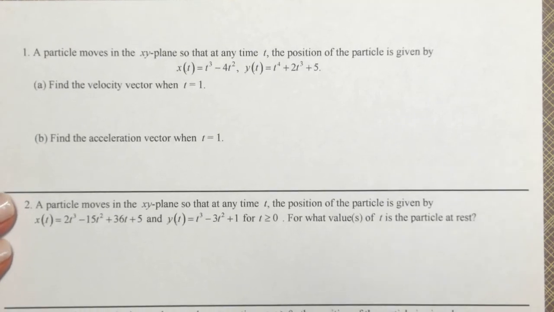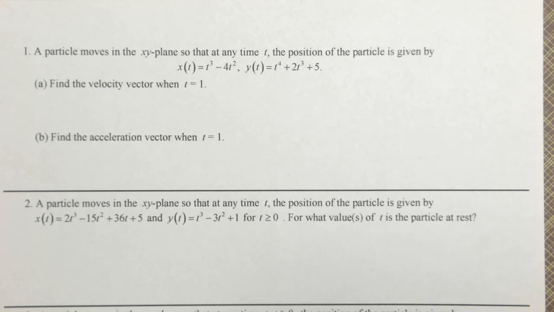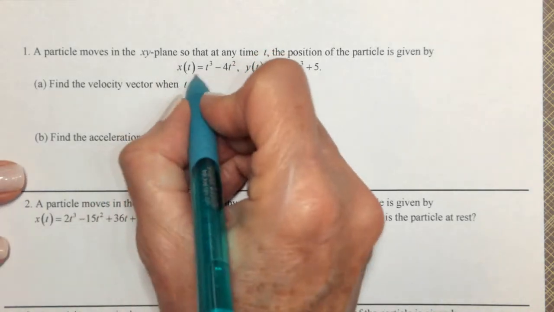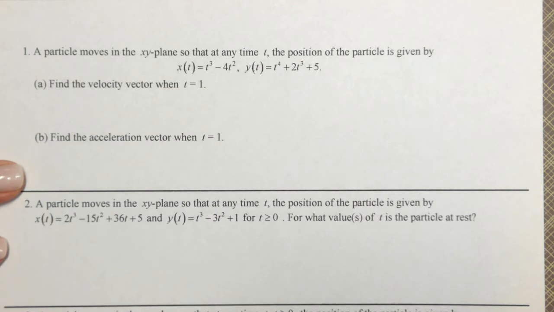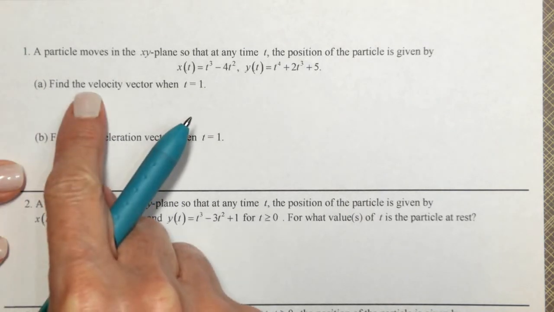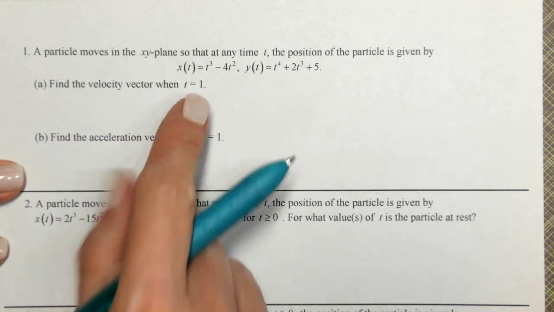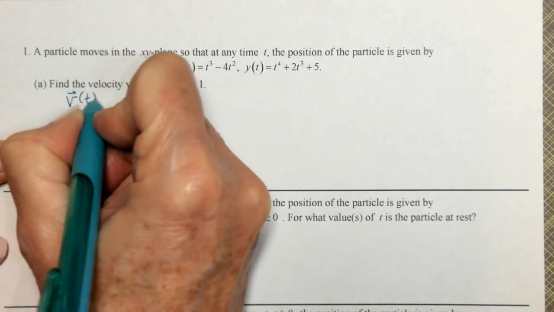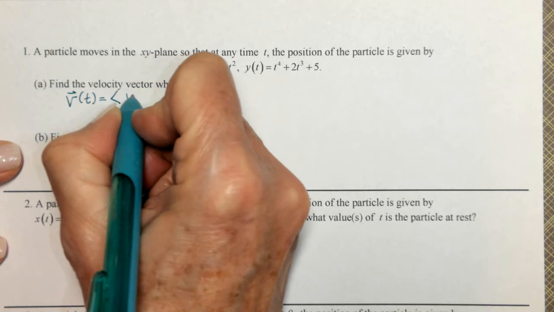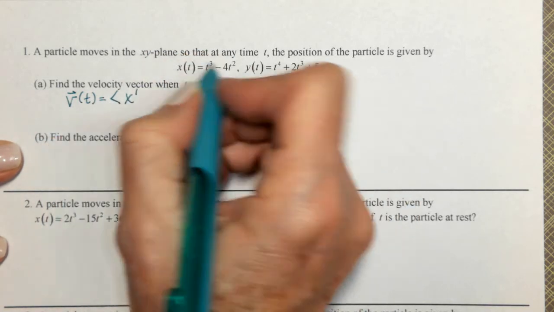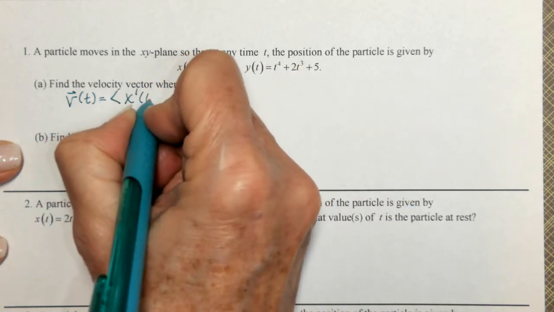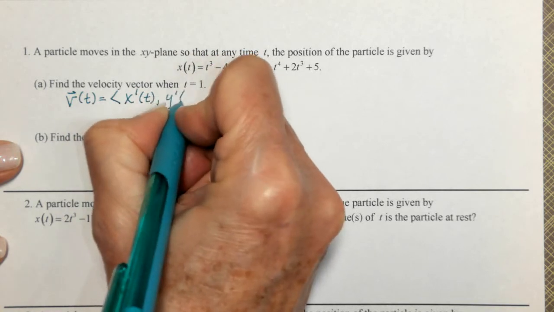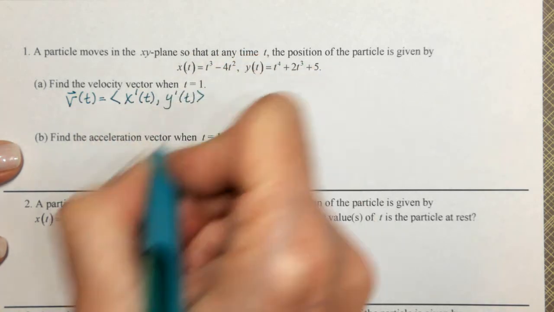So in this first example, we have a particle moving in the xy plane so that at any time t, the position is given by this pair of parametric equations. Find the velocity vector when time is 1. Well, the velocity vector is a vector. Its x component is x prime of t. Its y component is y prime of t.